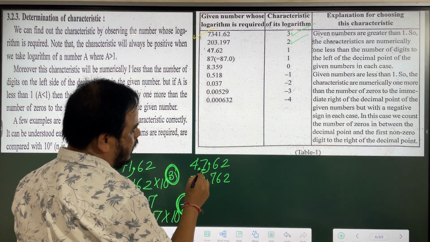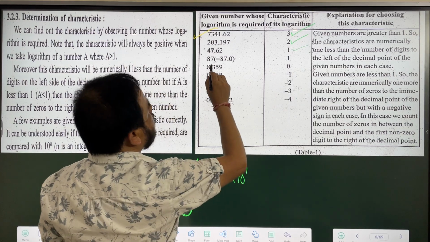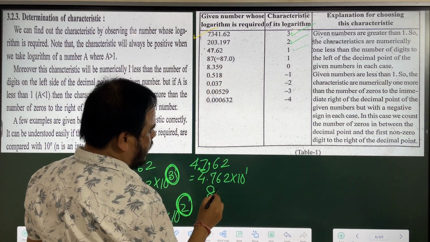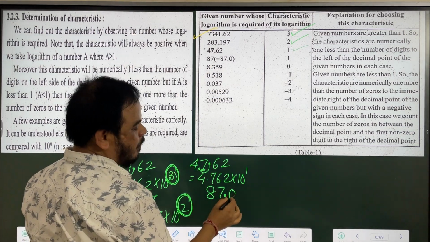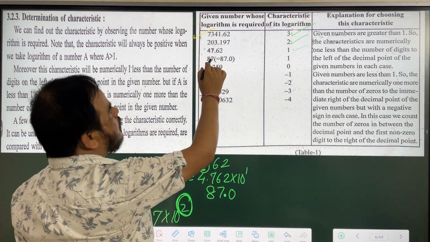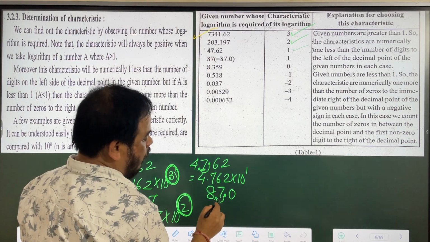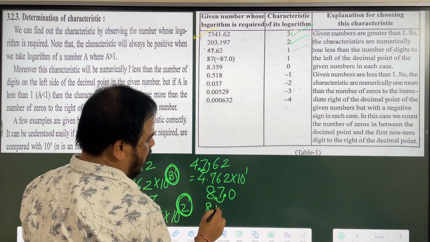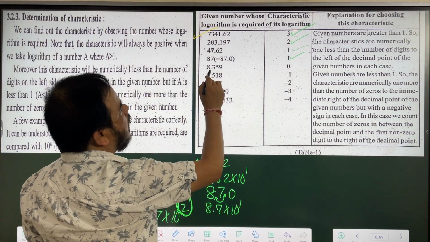Only 1 place, so into 10 to the power 1. So 1 is the characteristic. 87 means 87.0, same thing. Only 87 or 87.0, same meaning. Here the decimal is not shown, so we can put it like this. Here also only 1 place. So 8.7 into 10 to the power 1. So here also the characteristic is 1.